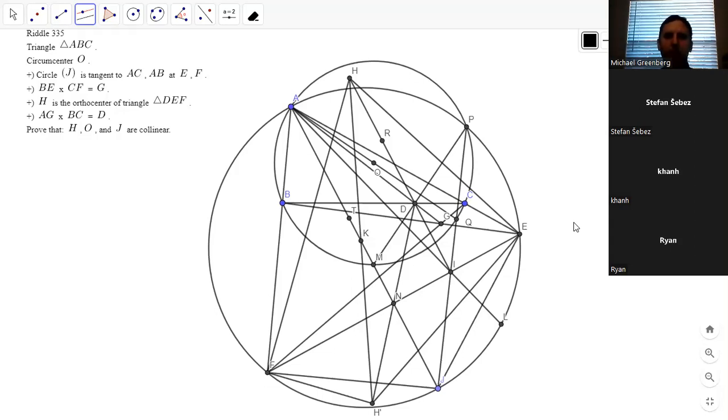Yeah, we can spend like another 10 minutes or so on this, and then we'll see if we want to move on to the next one. So yeah, D is the orthocenter of HEF, and we have a lot of lines through the orthocenter.